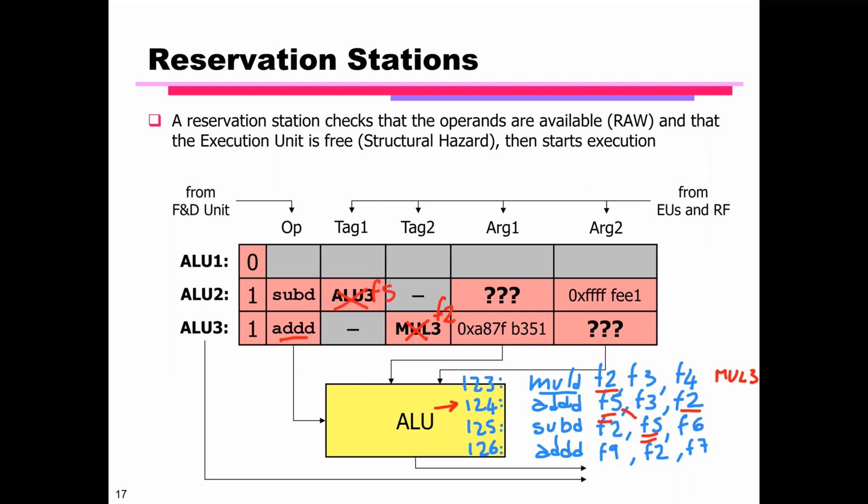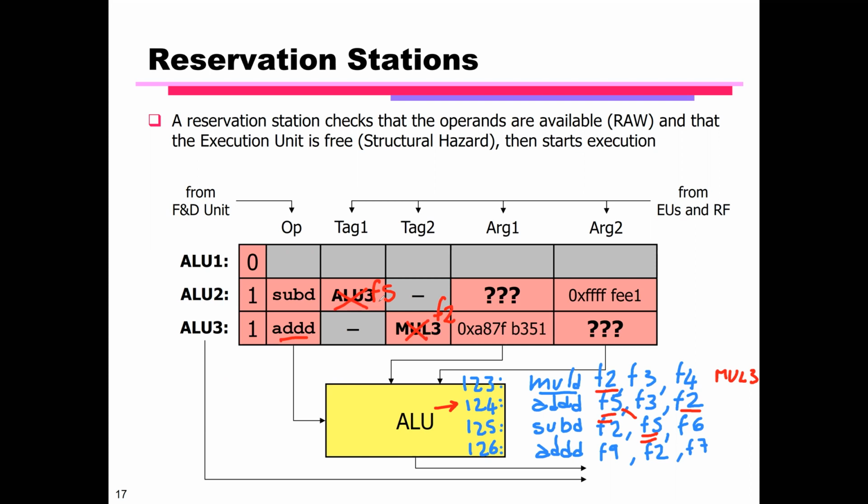Why don't I write simply F5? I promise that this looked like a good idea, or actually at least a natural idea, but it has a problem. What is the problem that we have with this idea of using the name of the registers as tags?